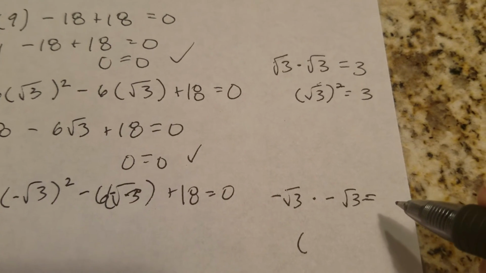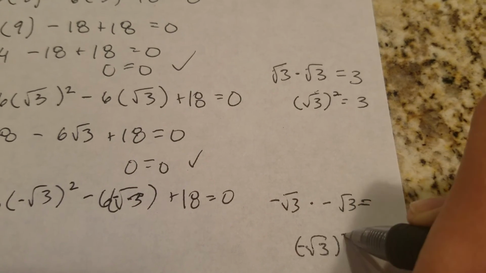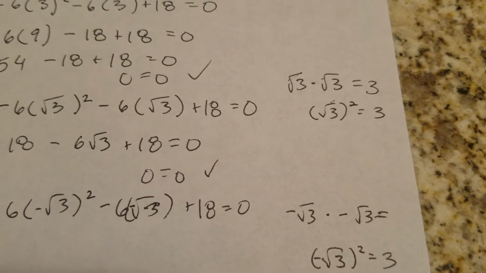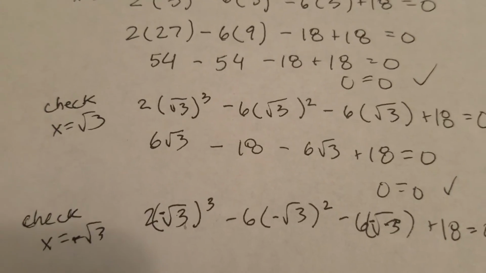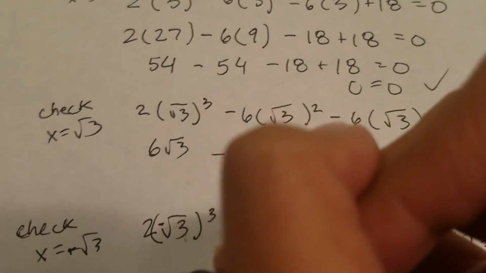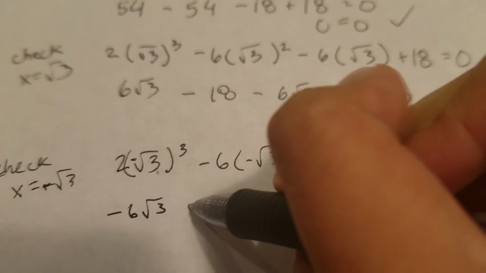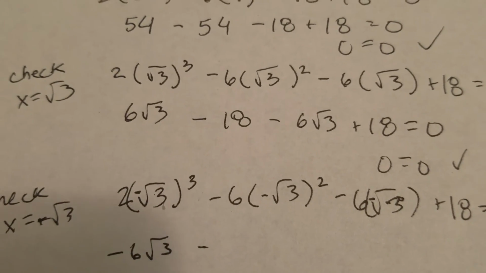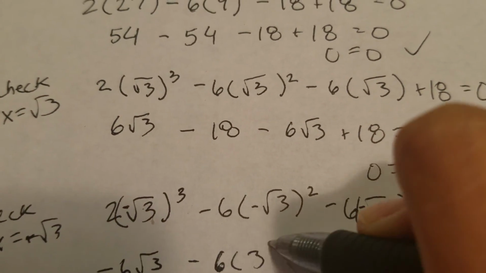Well, negative times negative is a positive, and root times root is the number, so 3, right? But I have a negative in front now to the third. The other one was 6 root 3 positive, this is going to be negative 6 root 3. Minus, root 3 times root 3, negative times negative is positive, so it's just 3, so 6 times 3, that's 18.